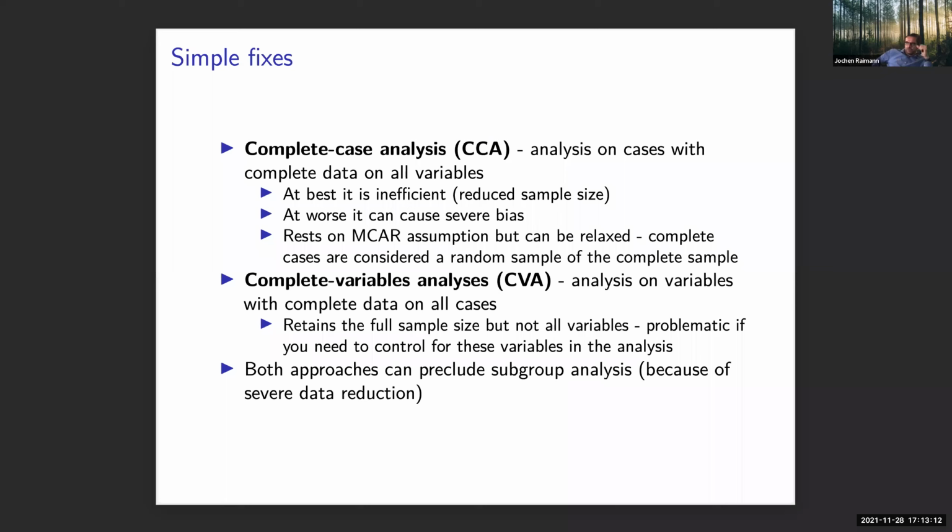It may potentially bias your result, and it's considered to be resting on a missing completely at random assumption. And you think that this is a random sample of the complete sample, which is unfortunately not true in many cases.